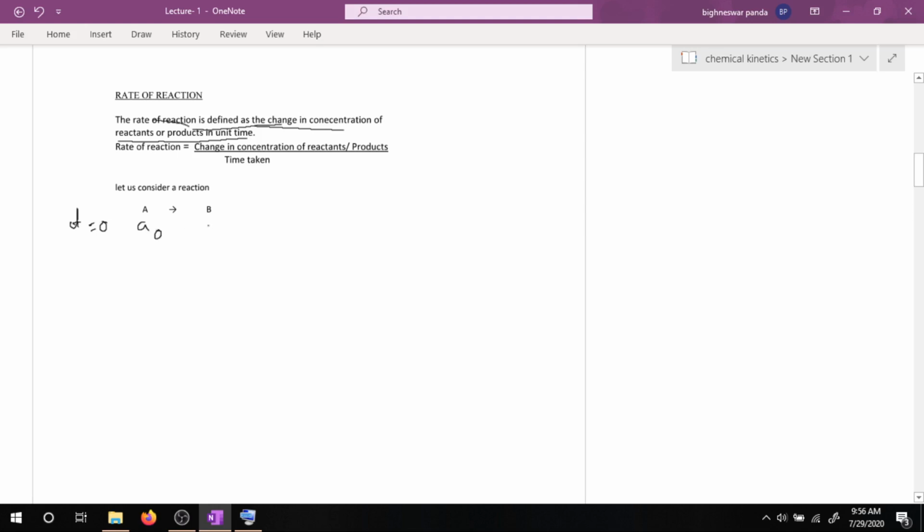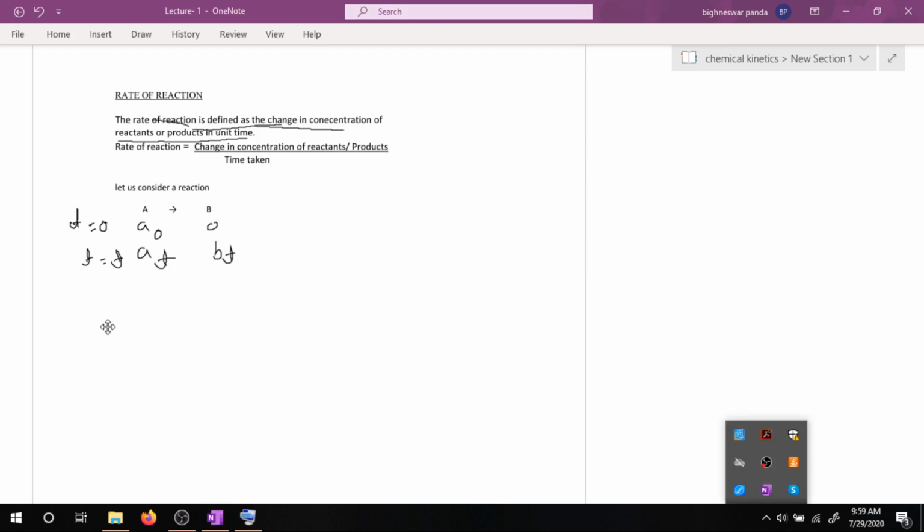Since at time t is equal to 0 no product is formed, the concentration of B is 0. When time t is equal to t, that means after some time, it may be 5 minutes, 10 minutes or 25 minutes, let us consider the final concentration will be At, and the final concentration of B will be Bt.